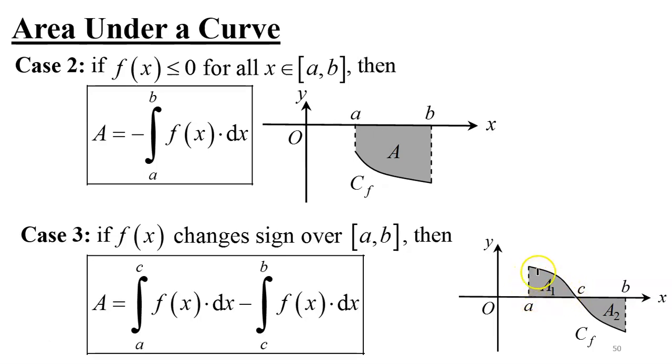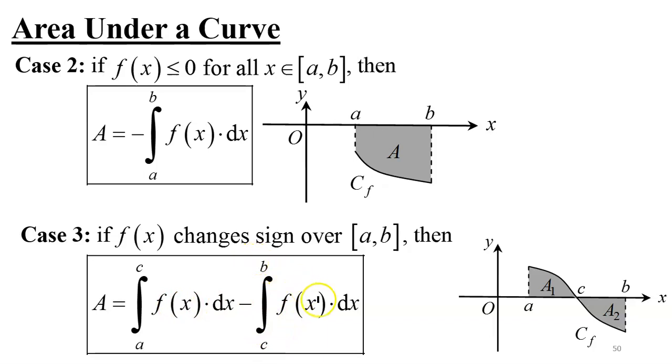However, here, in order to determine the area, since between A and C the curve is positive, then this area A1 is defined by the integral from A to C of f of x dx. However, between C and B, the curve is below the x-axis, therefore the integral from C to B of f of x is negative, so the area A2 is defined by negative the integral from C to B. So the total area here would in fact be the integral from A to C of f of x minus the integral from C to B, because from A to C it's positive, so the area is exactly the integral.